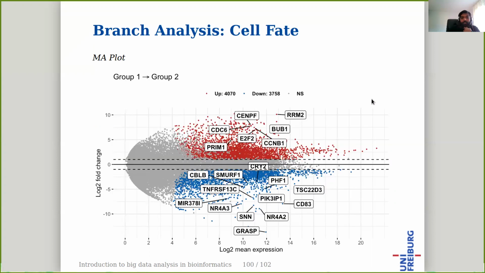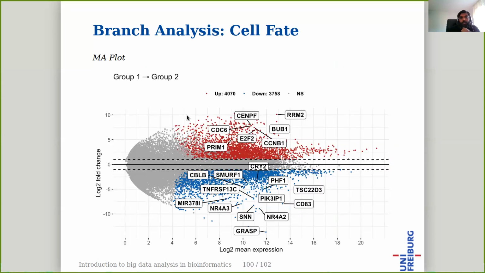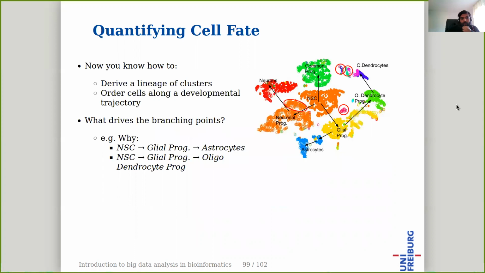So these kinds of inference we can make out of such an MA plot, and then we find out which genes are actually important for this branching of the cells.